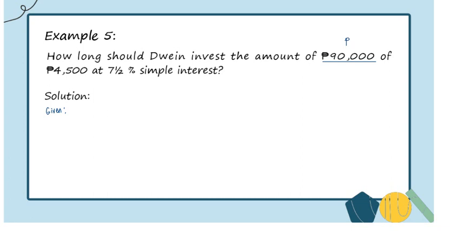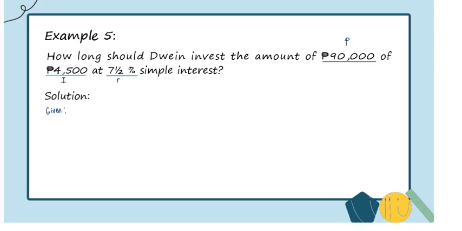And then 4,500 pesos would be our interest, another value that we have in pesos aside from our principal. And then we also have 7.5% here. Of course, the SI unit is in percent, so this is going to be our rate of interest.